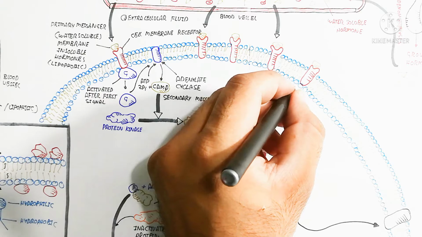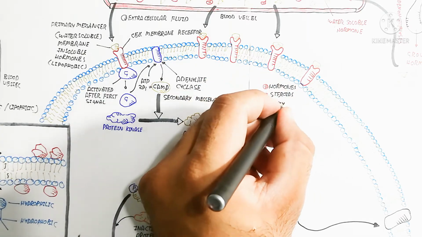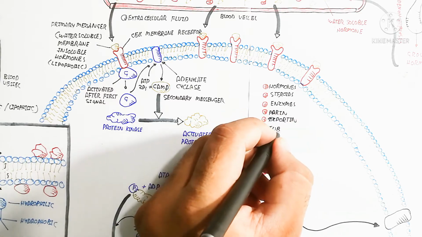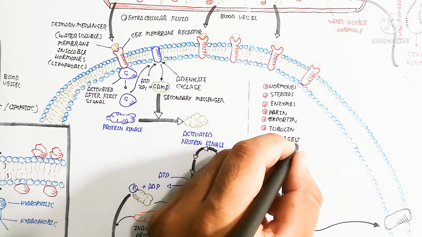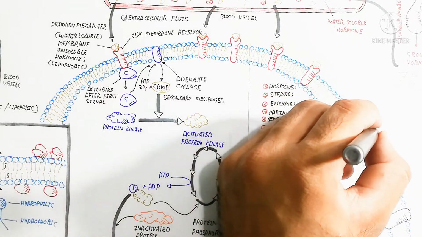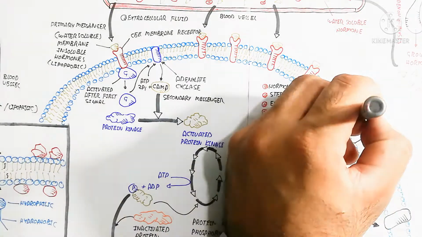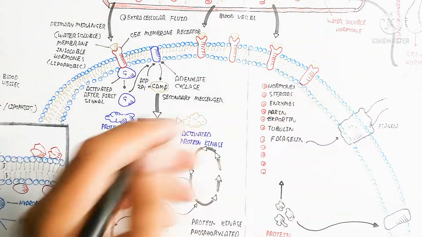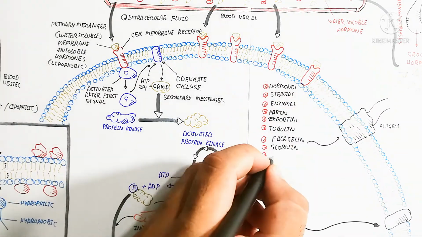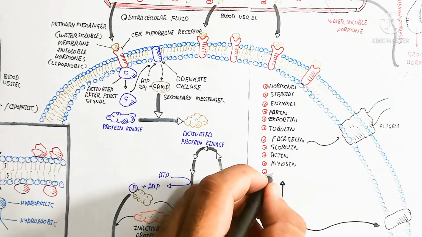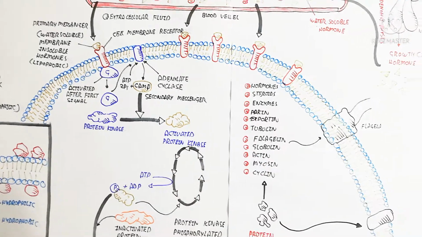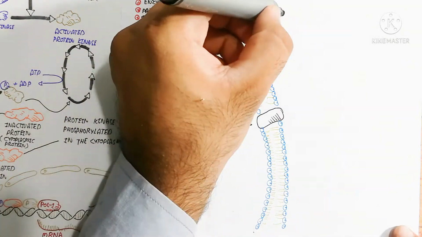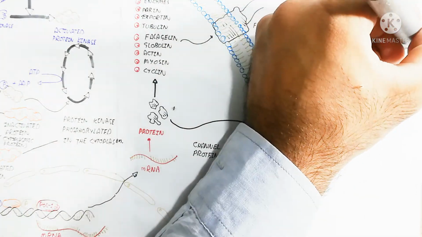For example, here I am discussing hormones, steroid production, enzymes, porin, exportin, tubulin, and flagellin, which produces the flagella in the plasma membrane. So the porin is used to facilitate water movement in the plasma membrane, globulin is used for the red blood cell, actin and myosin are used for muscle contraction, and cyclin is used for cell division.